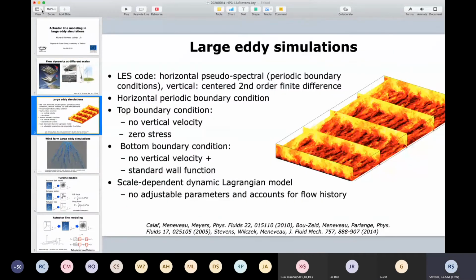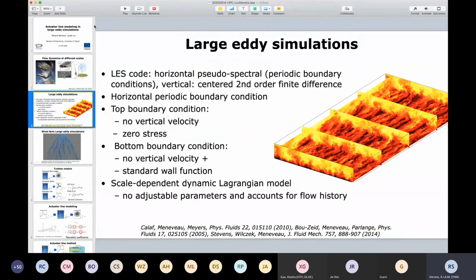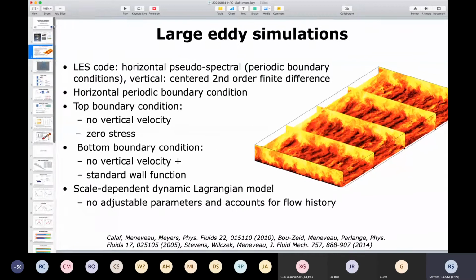What we're doing is actuator line model simulations, or large eddy simulations. We run a simulation with a well-tested large eddy simulation code aimed at atmospheric boundary layer applications.